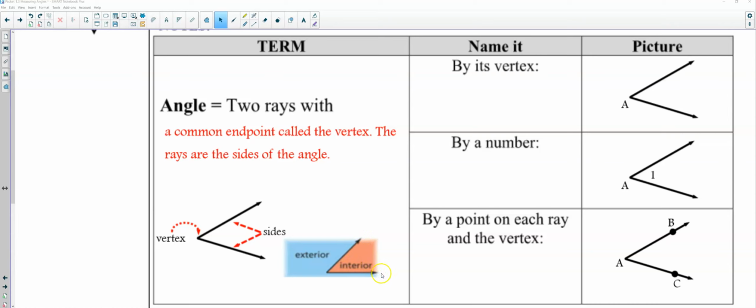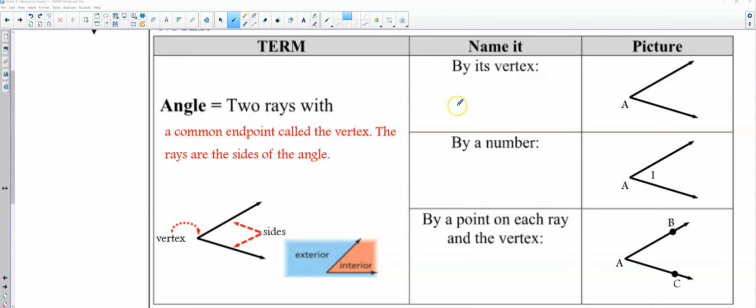So as these rays extend, all of this right here will be in the interior of this angle. Everything behind the angle will be in the exterior of the angle. And everything that is either on the side or the vertex itself, then that's the angle.